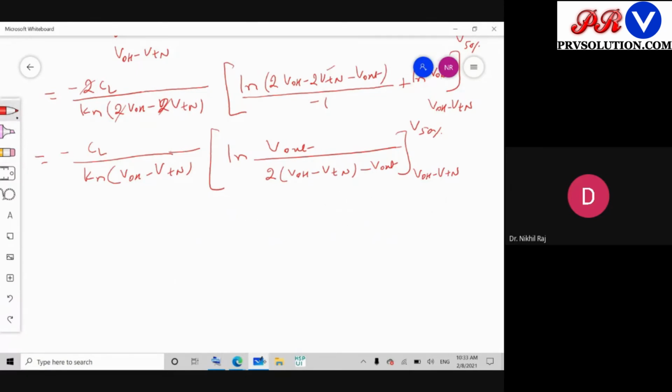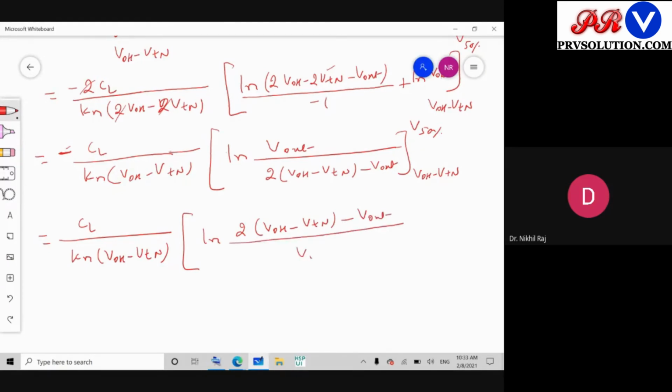What I'll do, first I'll take this minus sign inside, so that will make it somewhat easy. So Cl by Kn into VOH minus VTN, and this minus sign I am placing inside. So what will happen here now? This will change to ln of 2 into VOH minus VTN minus V out divided by V out, and the limits will be as they are.